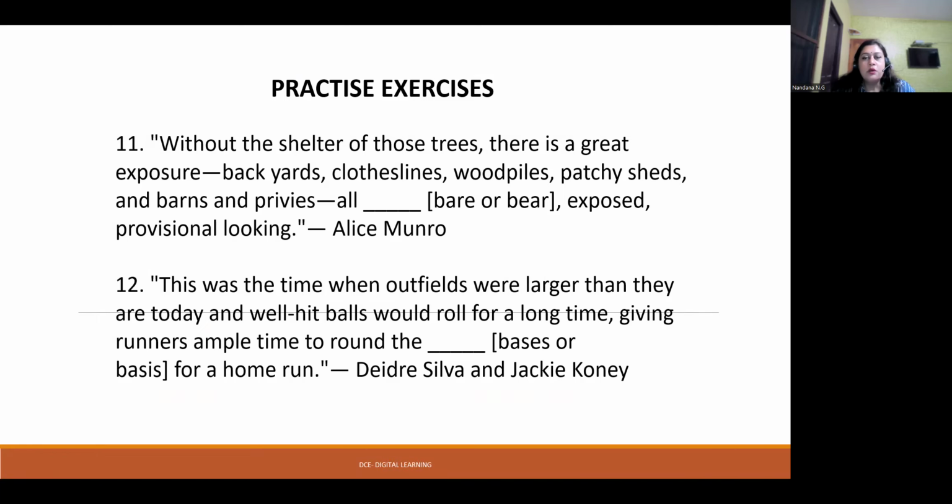Backyards, clotheslines, woodpile, patchy sheds and barns and privies, all bare, B-A-R-E, that is exposed, provisional looking, by Alice Munro. This was the time when outfields were larger than they are today, and well-hit balls would roll for a long time, giving runners ample time to round the bases, B-A-S-E-S, for a home run. Deirdre Silva and Jackie Coney.